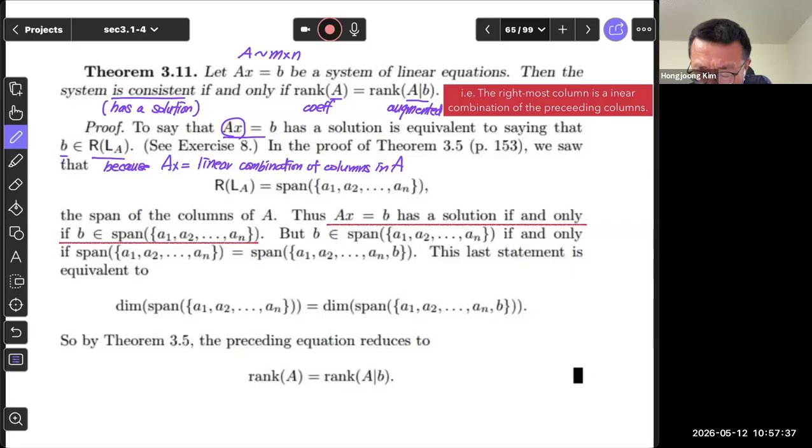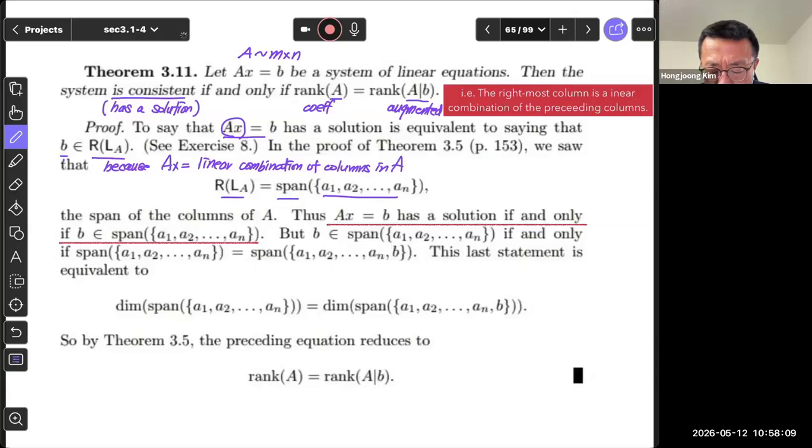Now, the range of L sub A thus is the collection of all the linear combinations of the columns in A matrix. And that collection was called the span of these columns, right? So the span of the columns of A is the collection of all the linear combinations of the columns in A matrix.